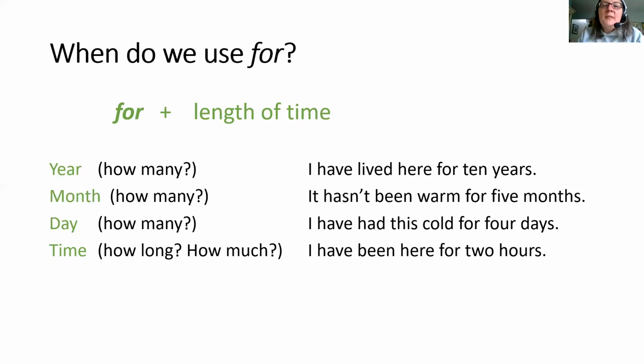Remember, the present perfect helps us state something that began in the past and is continuing up until now. That's all part of the present perfect. We're just adding these time clauses on here so that way we can give our listeners some more detail about what we're trying to help them understand.